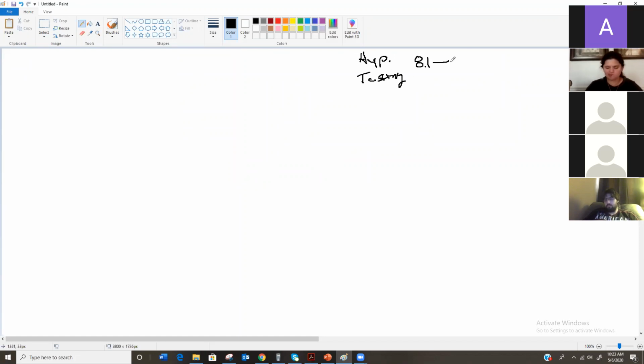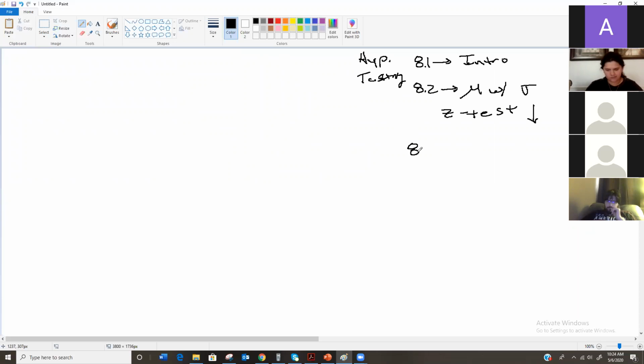In 8.2, what we just got done with, we were doing means with sigma, and we were doing a z-test every time, always going all the way to the bottom of the chart and getting that value.